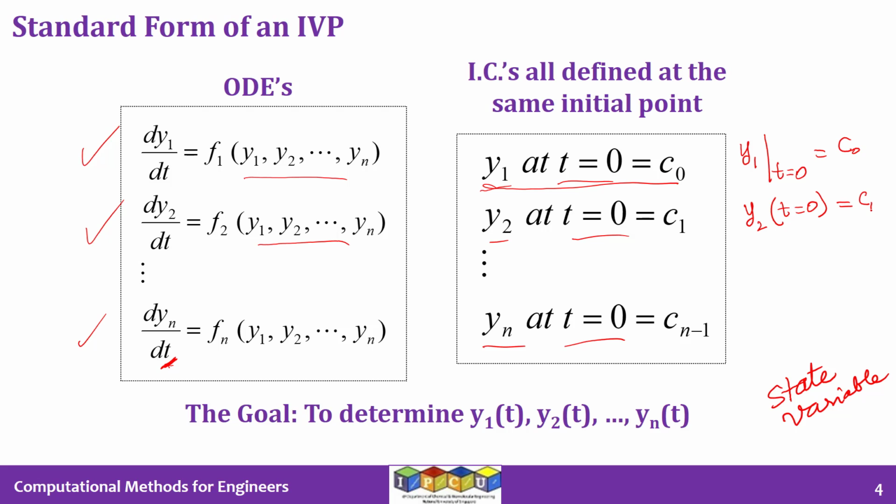So there are different ways of stating it, but all initial value problems should have all the state variables or dependent variables given at the starting time. And the starting time, we typically take it to be time t is equal to 0. So if x was the independent variable, and let's say we are talking about a reactor, so x is equal to 0 is the inlet and x is equal to L is the outlet.